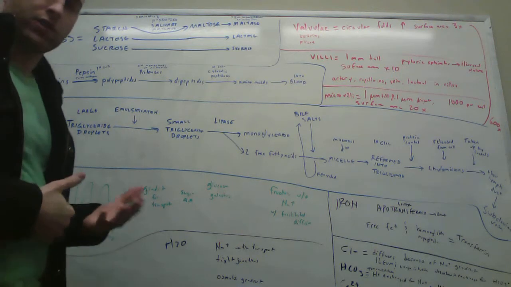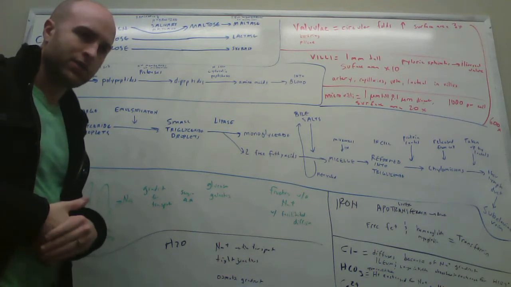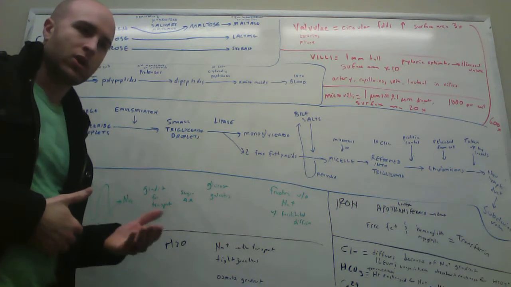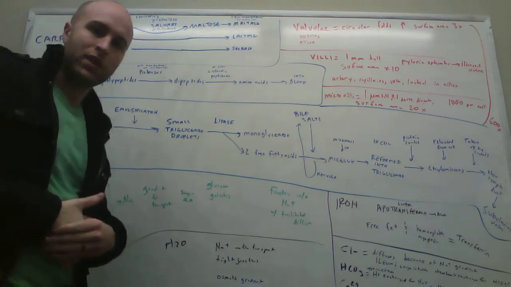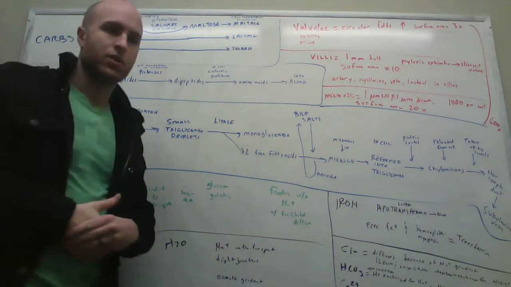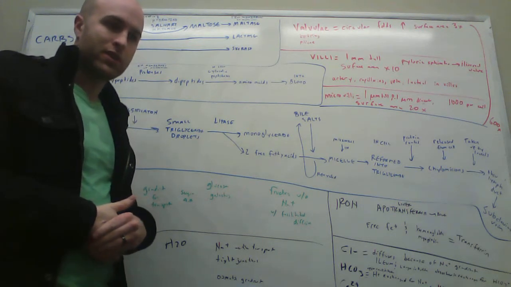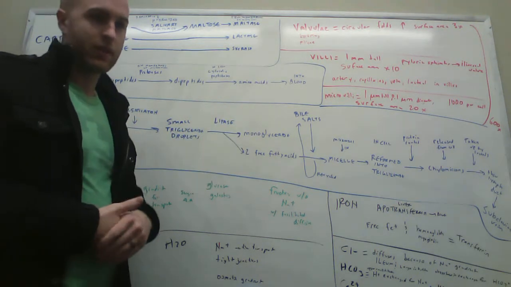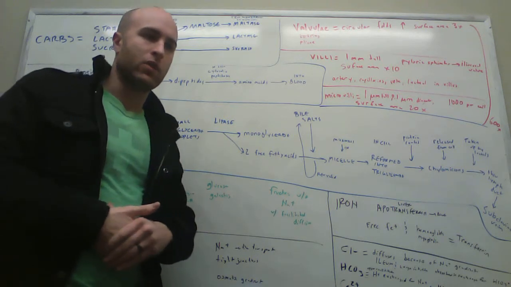The acid is secreted from the parietal cells in response to histamine, and histamine was released from the enterochromaffin cells in response to, I believe it is gastrin, and gastrin is released from the gastrin cells, the G cells, which are located in the pyloric.